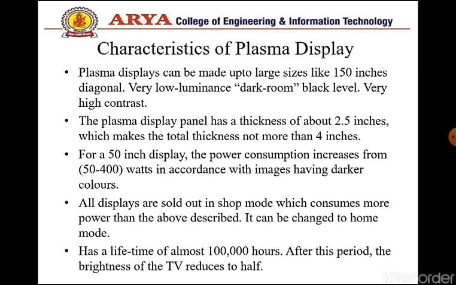For a 50-inch display, the power consumption increases from 50 to 400 watts in accordance with the image having darker colors. All displays are sold in shop mode, which consumes more power than the above described. It can be changed to home mode. It has a lifetime of almost 1 lakh hours. After this period, the brightness of the TV reduces to half.